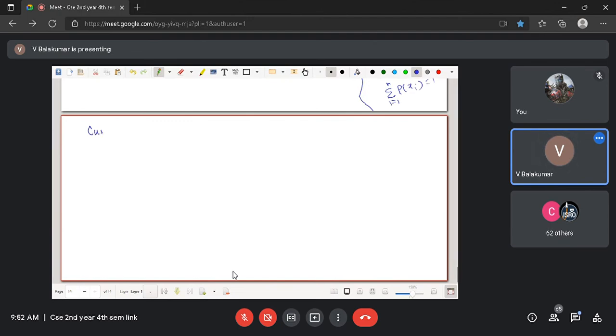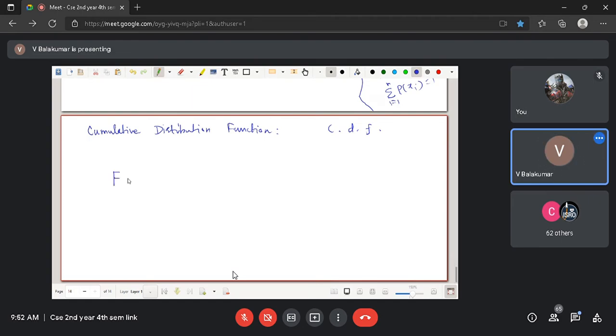Cumulative distribution function, shortly written as CDF. It is with the same terminology.